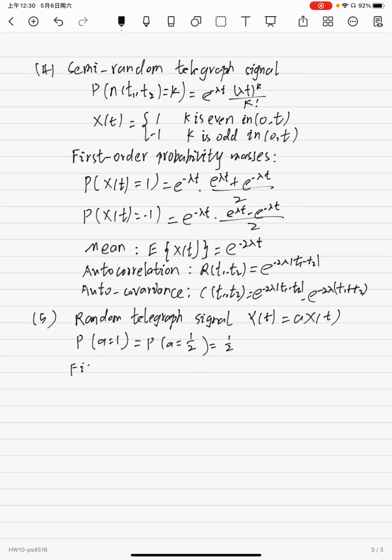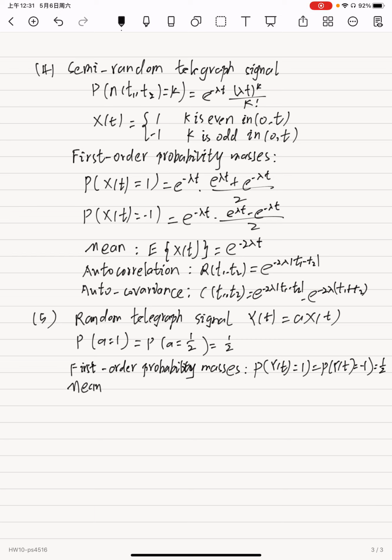And the first order probability mass is P(Y(t) equals 1) equals P(Y(t) equals negative 1), which equals half.